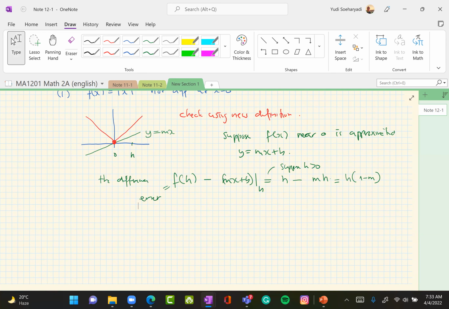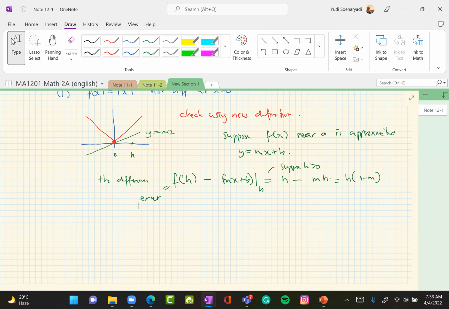Again, look at the picture. m is 1 is this one. So this would be the error, and the error is actually large here.